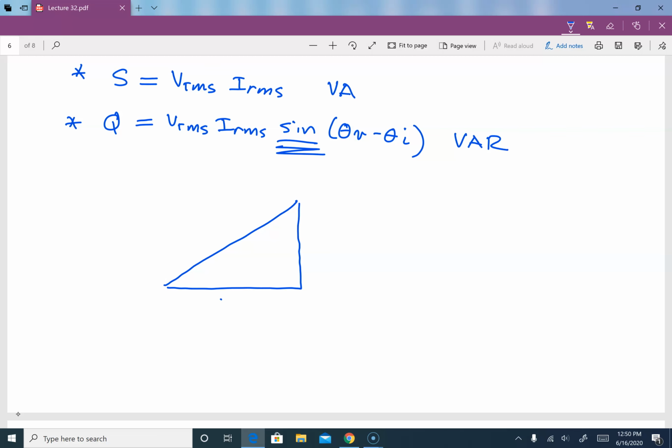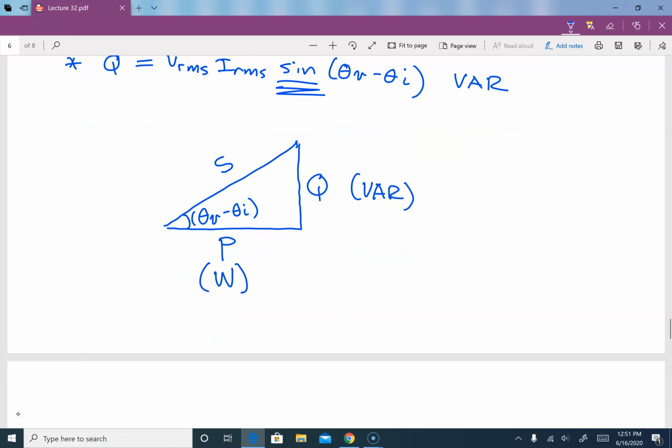If we have this as our real power P in watts, this over here is our Q in volt ampere reactive, and this over here is our S, and this is the power factor angle theta, that is theta V minus theta I. In this case, this represents an inductive load, because this is the orientation.